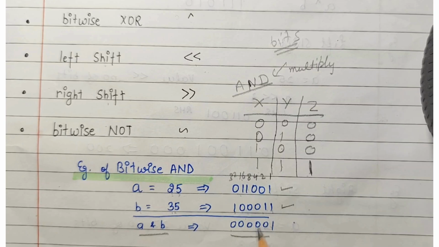So our output is 1. If you apply the bitwise AND operation on the A and B variables, this is the output. In this way the bitwise AND operation is performed on values A and B. I hope all of you are clear.